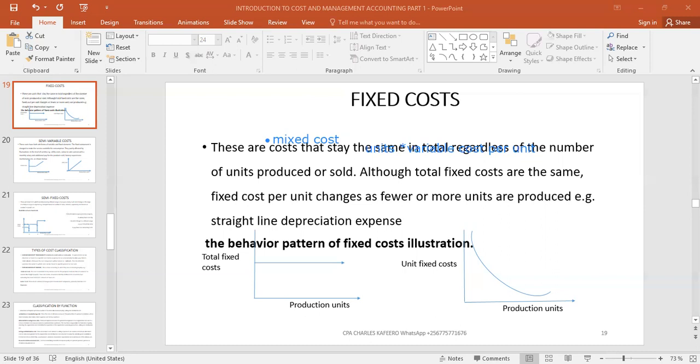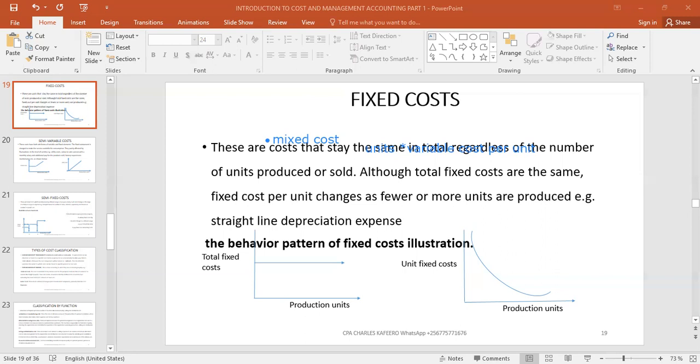And we also assume that the fixed cost, since it is not changing, we maintain it at 10,000 within a certain range. As you see, from 1 to 4 units, we are charging a total fixed cost of 10,000, or the 10 shillings.